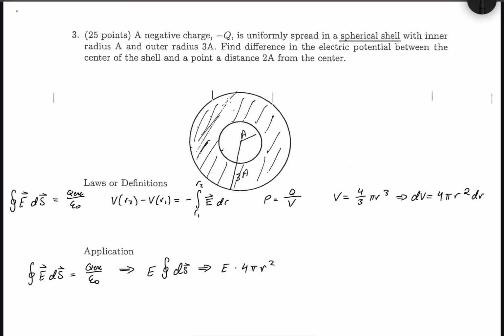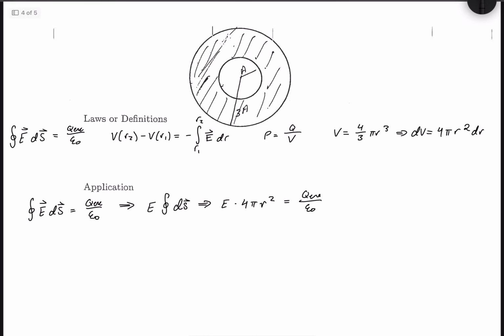That's really ugly too, guys. Okay, so now what we want to do is set this equal to Q enclosed over epsilon naught. And then we'll just solve for the electric field. And don't forget your vector there. E equals Q enclosed over 4 pi r squared times epsilon naught in the radial direction.